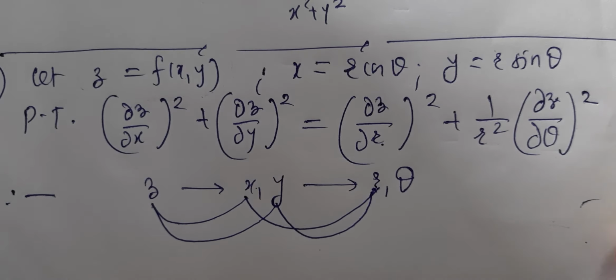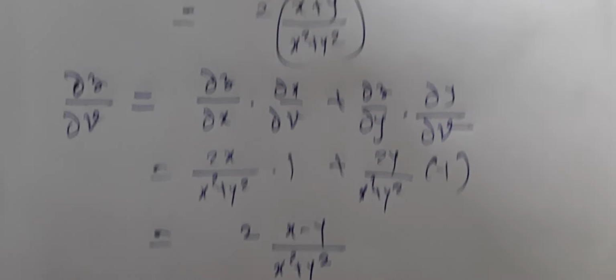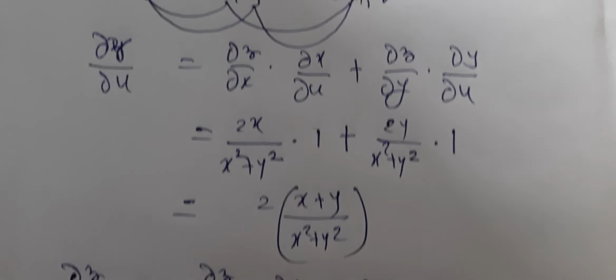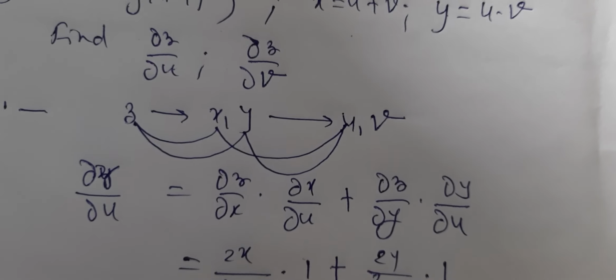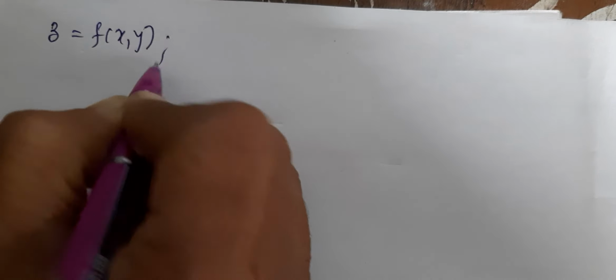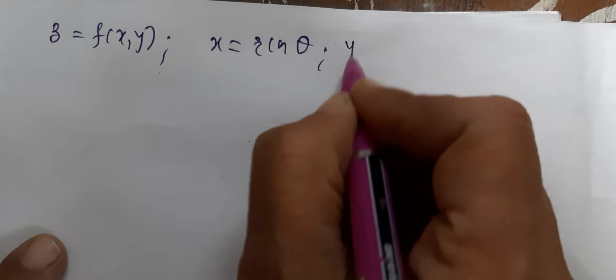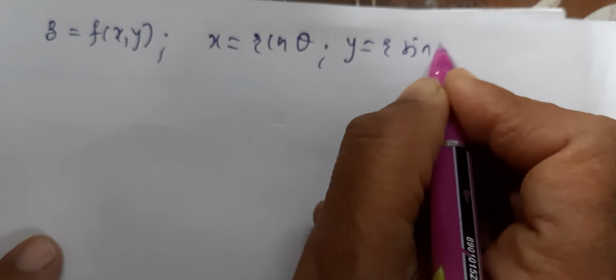Now let's actually write it down. We are going to find ∂z/∂r. Now to find ∂z/∂r, I will rewrite for you. What is given to us is z is f of x y, x is r cos theta, y is r sin theta.